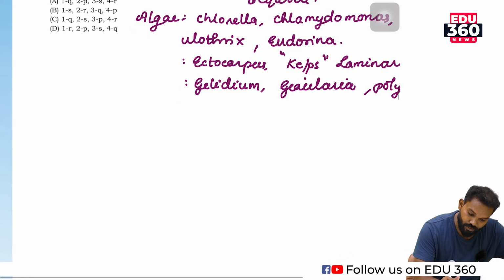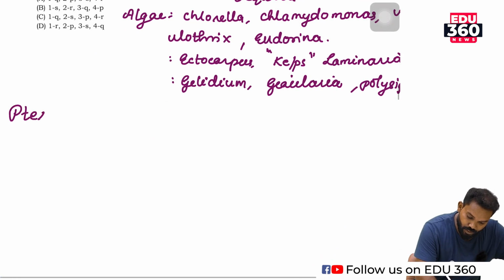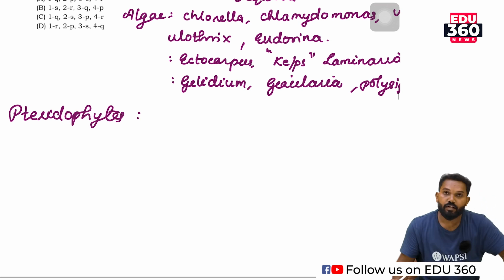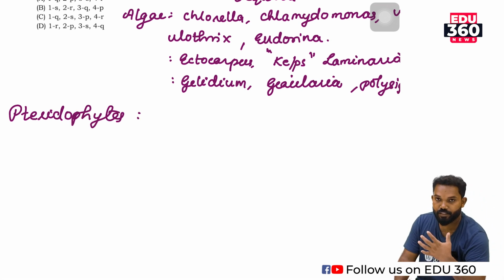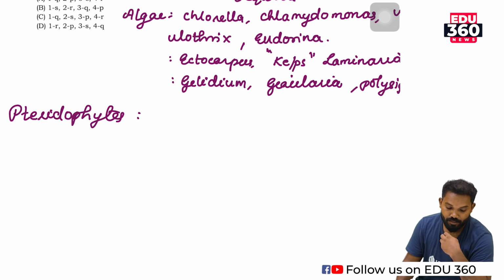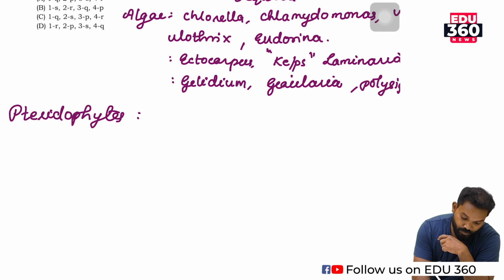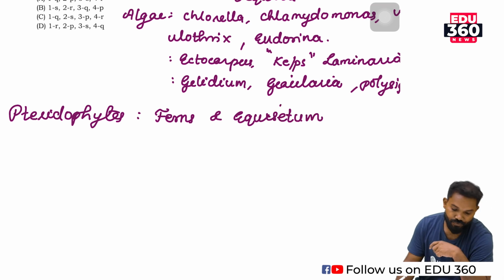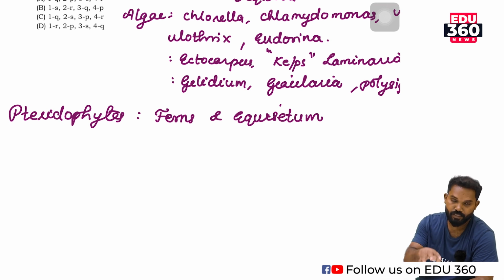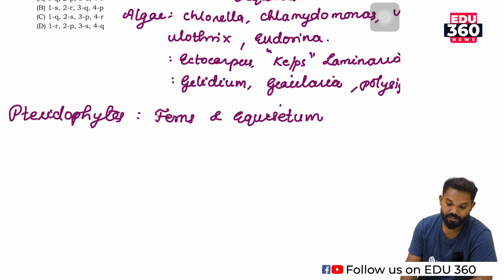Then pteridophytes. In NCERT, this portion starts with the pteridophytes, which include ferns and the horse-tail plant, Equisetum. Almost 90% of pteridophytes come under the ferns category.